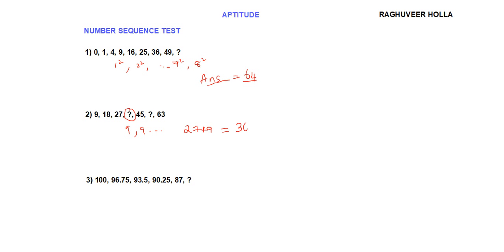I got the first one, and the other one is 45 plus 9, so this gives 54. So we got these two results. So the answer would be 36 and 54.